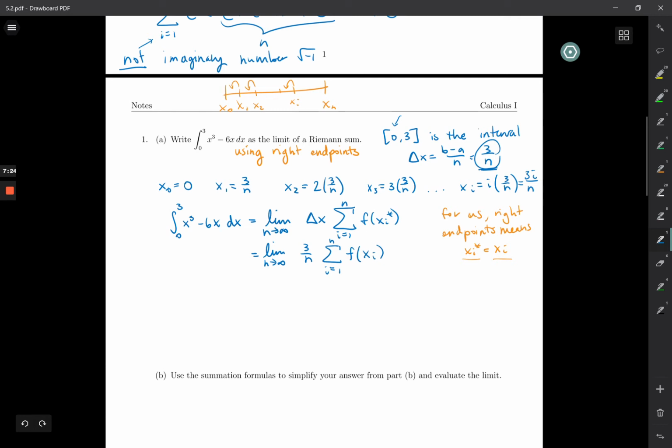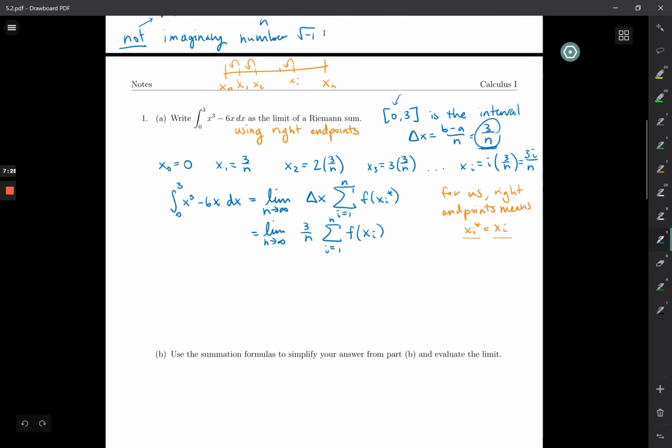Okay, so like I was indicating there, we do know what xi is equal to because we computed it right here. We found this formula, so we're going to go ahead and plug that in for xi.